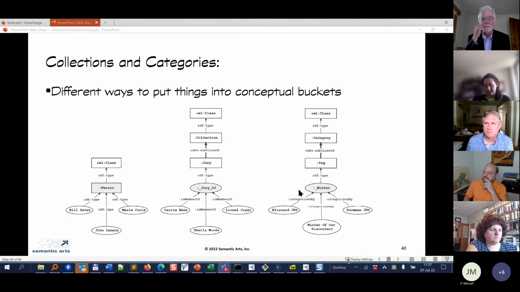Go ahead. Yeah, I think this is tricky too, right? One of the ways I've gone is that I think of classes as intensional and collections as extensional. I was wondering if that's how you respond to that. That's an interesting way to look at it. I wouldn't say it's wrong. You can create extensional classes in GIST, which is enumeration.